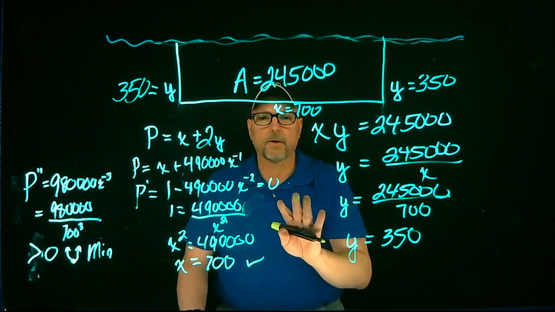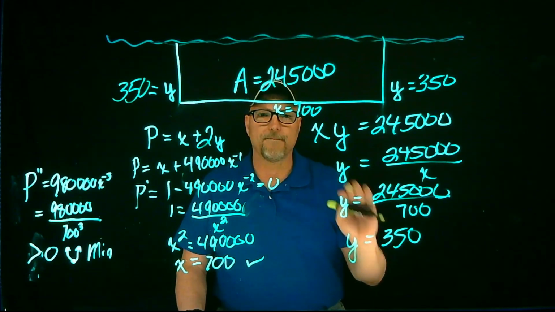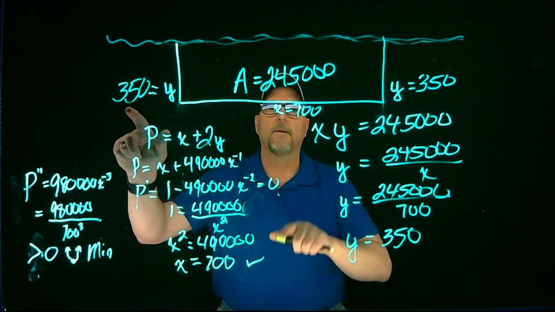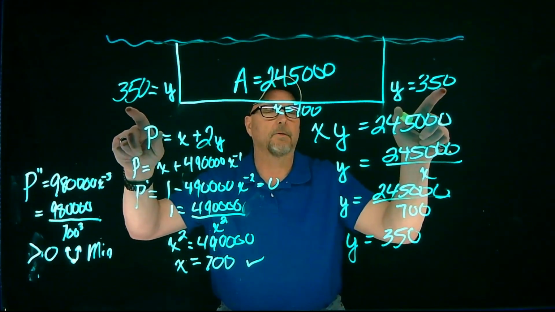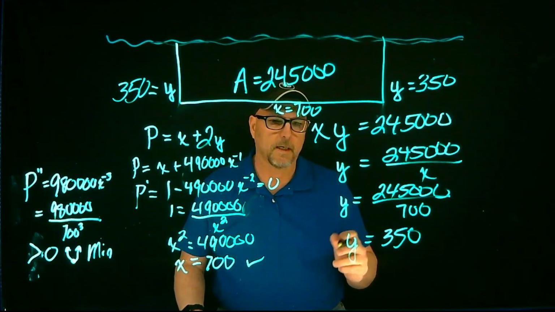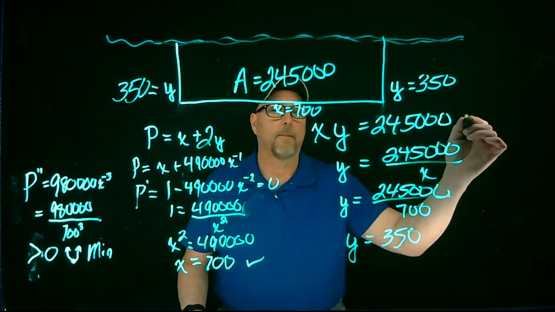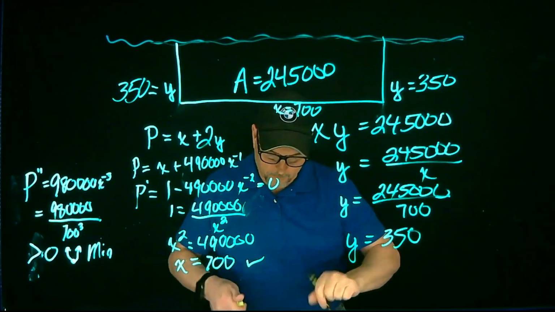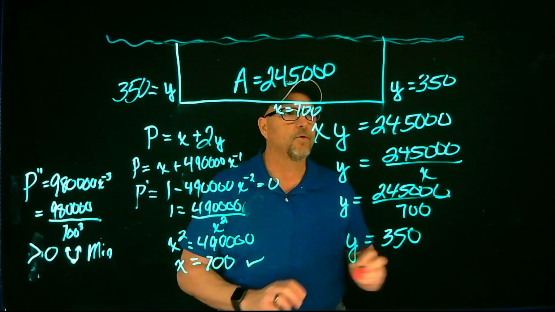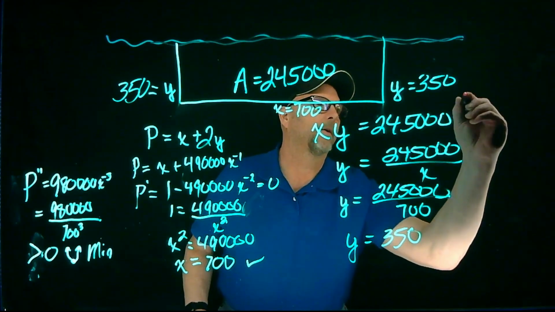So the final question was, what's the minimum amount of fencing the farmer has to buy? So we have 350 plus 700 plus 350. So that's 700 and 700. That gives us 1,400. So he's going to have to buy minimally, let me put that in a different color so it stands out a little bit better, 1,400.